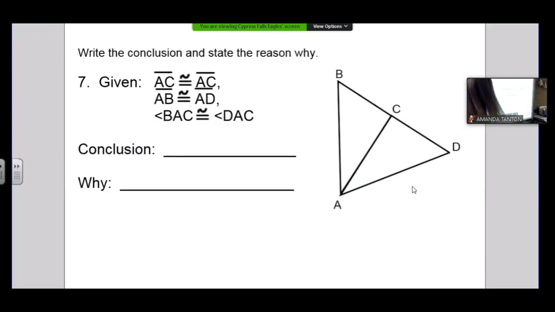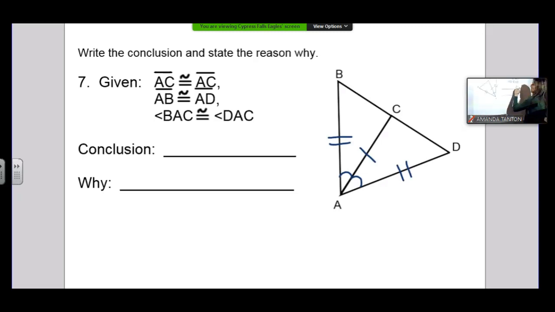Given AC is congruent to AC, AB is congruent to AD, and BAC is congruent to DAC. What can we conclude? BCA and DCA are congruent triangles. Very good.